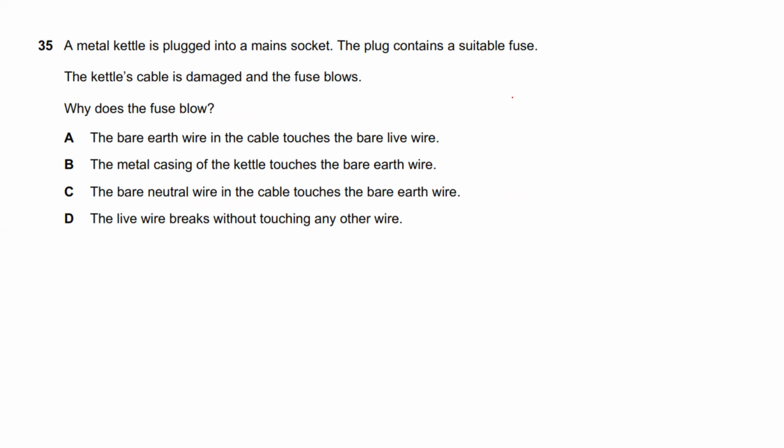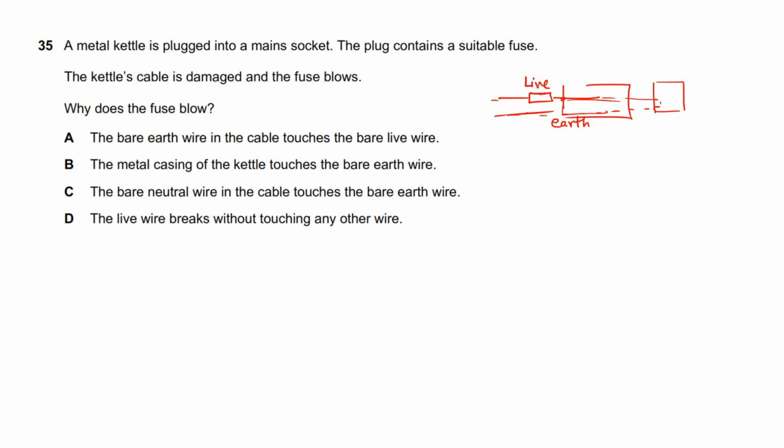So remember, whenever we add a fuse, say for example, this is the fuse, the fuse is always added into a live wire. And this is, for example, our kettle, and it goes back via the earth wire. So if this wire is damaged, what will happen?